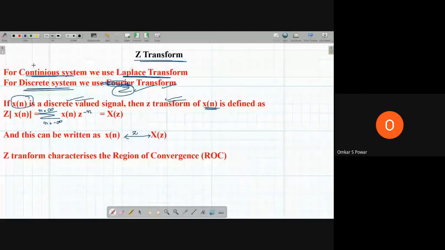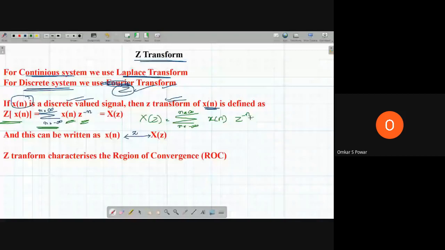The Z transform of x of n is equal to the summation, n varies from minus infinity to infinity, of x of n z to the power of minus n. This is your X of z. So this is the formula for the Z transform.